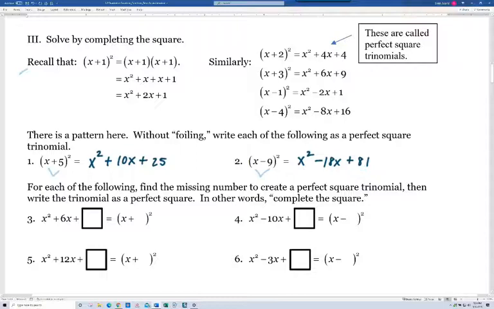So next we're going to be completing the square. And so we have 2 terms here. And we want to add one other number here so that we create one of these perfect square trinomials. So the question is, what do I need to do to complete the square here? Well, in other words, let's look over here.